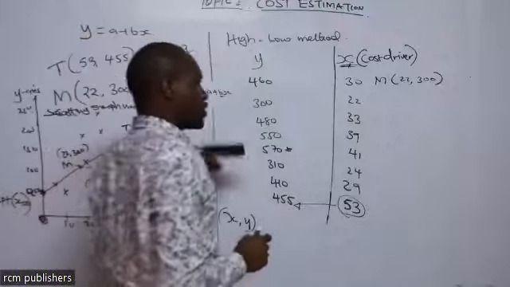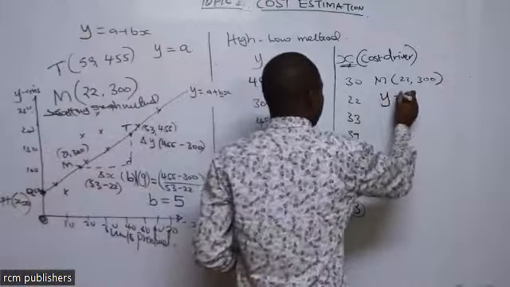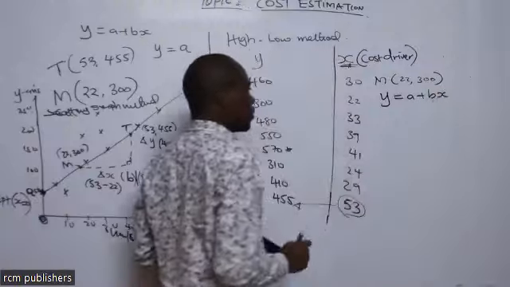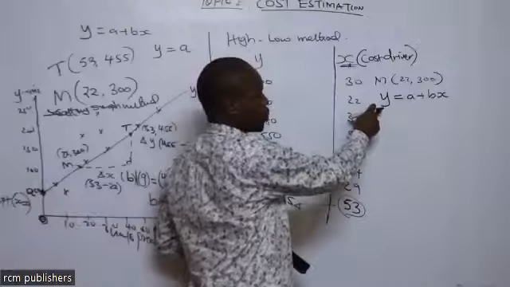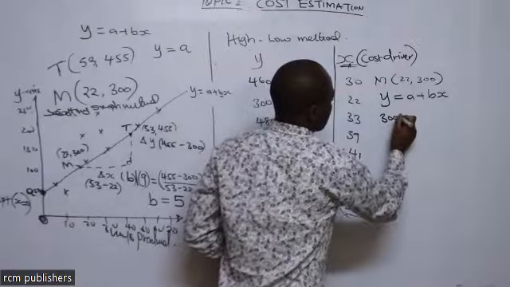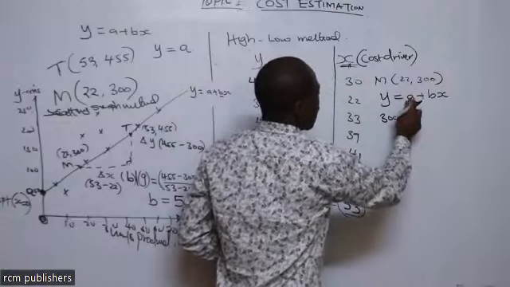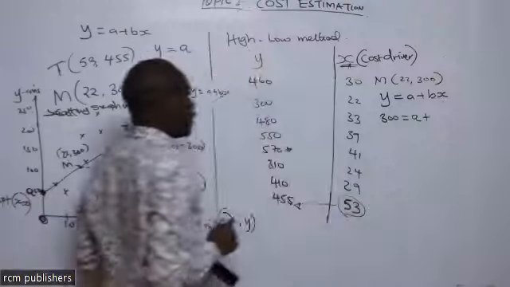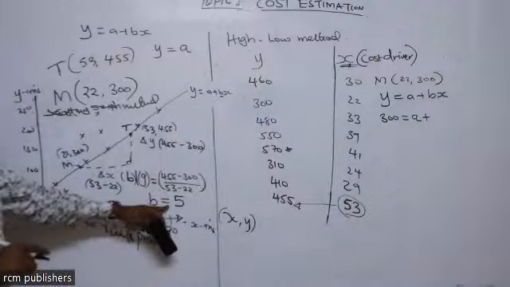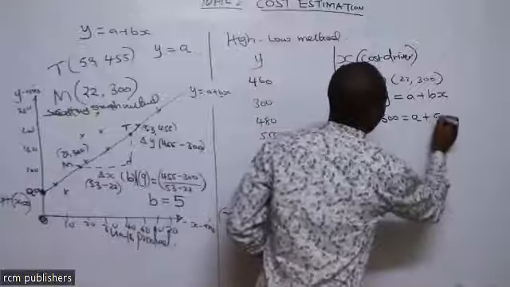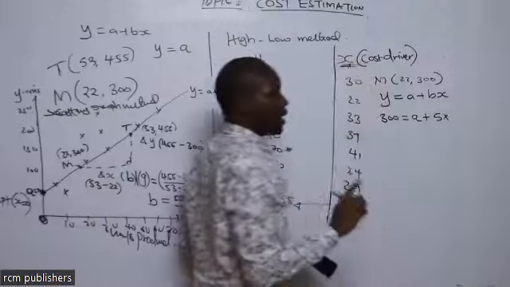And our function says y is equal to a plus bx. What is y? Total cost. This is the value of y, 300, is equal to a, which we do not know, plus b. Do we have the value of b? We have calculated it here. It is 5 multiplied by x.